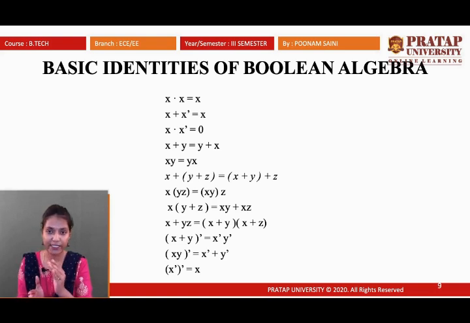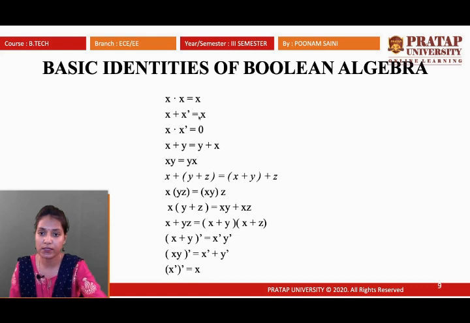So let's take x equal to 1. Then x bar is 0, and 1 plus 0 is equal to 1. So this identity holds.